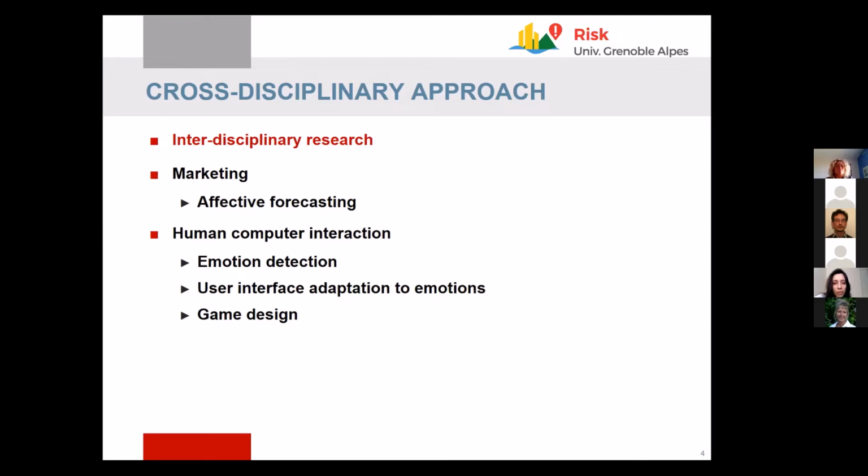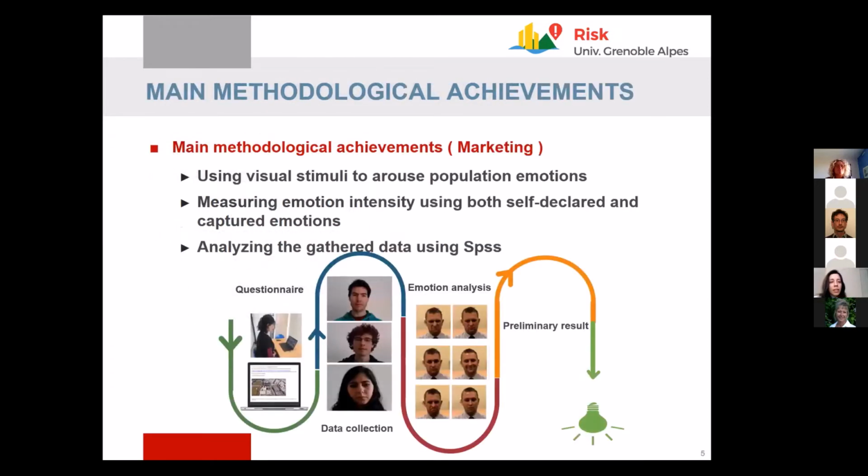So the first study we did was on the marketing scope. We ran 3 experiments and we followed the steps as you can see in this slide.